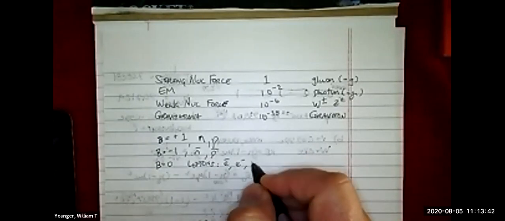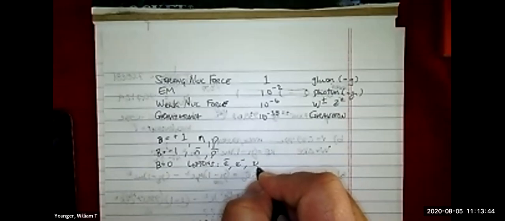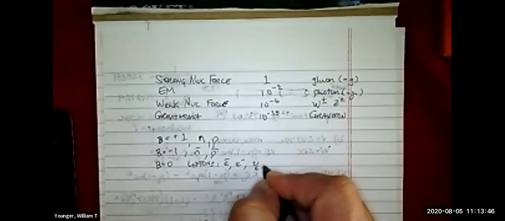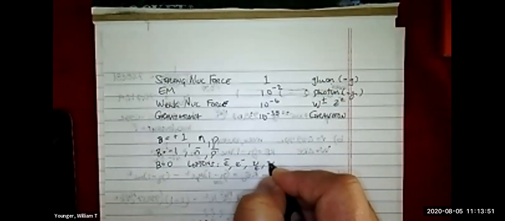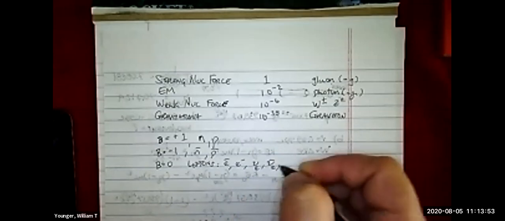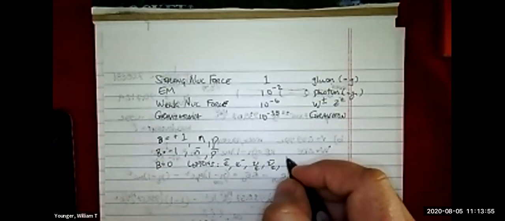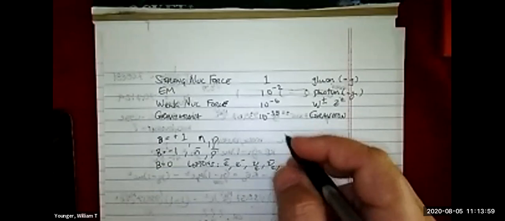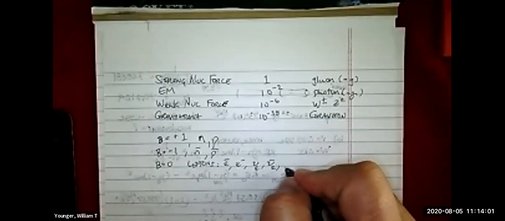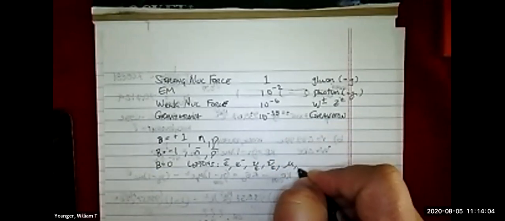Also your electron neutrino, your anti-electron neutrino, I want to say your pion. Let me double check. Yeah, it's not a pion. Sorry, it's a muon. Your muon, your anti-muon.